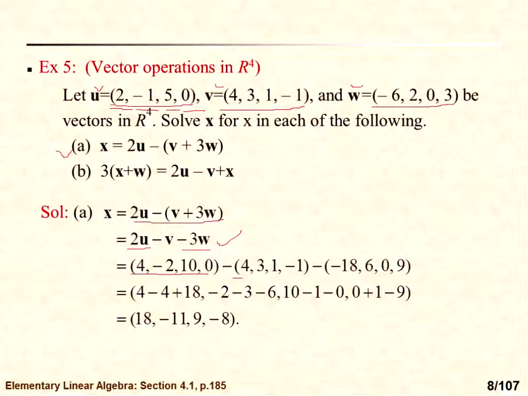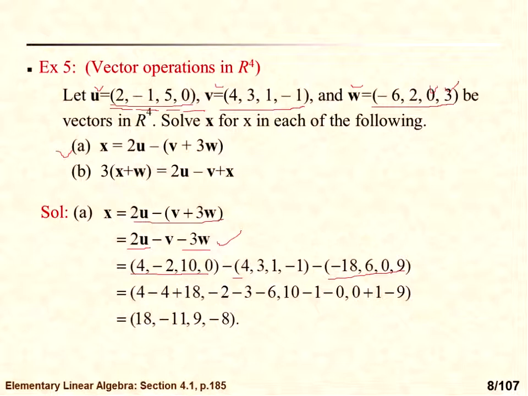Our w is (-6, 2, 0, 3). So 3 times 6 is 18, 3 times 2 is 6, 3 times 0 is 0, and 3 times 3 is 9. So we get this.